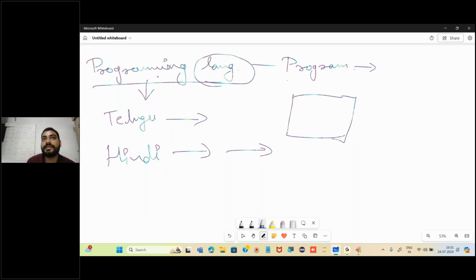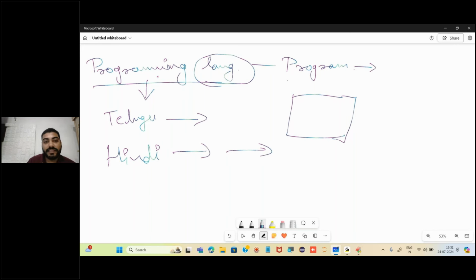It is not Hindi, it is not English, it is a programming language. Why do we need a programming language? From birth till now, you started speaking, or you learned. How did you learn? Did your parents teach you, or just by observing?